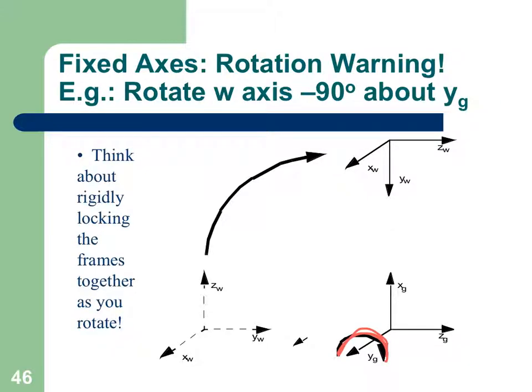you can imagine if these guys are fixed one to the other, then when you do this rotation about this axis, this isn't going to rotate around here. It's actually connected and it's going to move up like that, right? So just imagine again that this is all connected somehow.